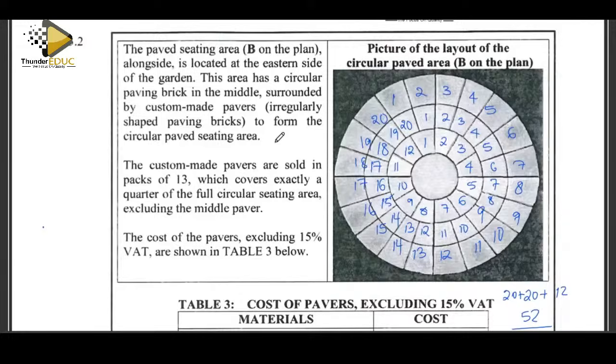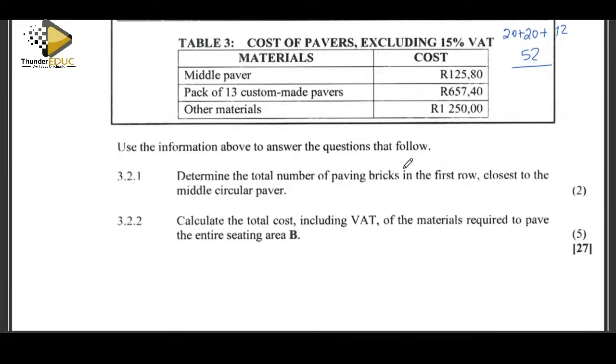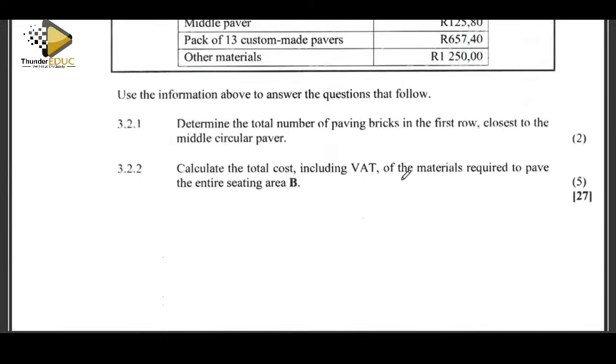So these ones here, when you count these numbers here, we have 1, 2, 3, 4, 5, 6, 7, 8, 9, 10, 11, 12. We are seeing 12 of them. We have 12 pavers, paving bricks.